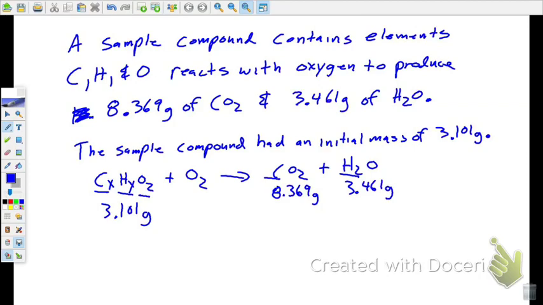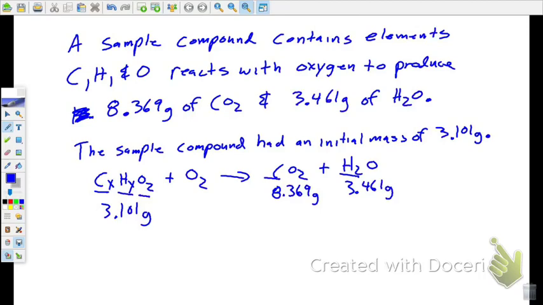Okay, the answer you should come up with is 2.28 grams. Did you get it? You may get 2.28? Nobody? No? 2.26? Okay, you probably did it right then.